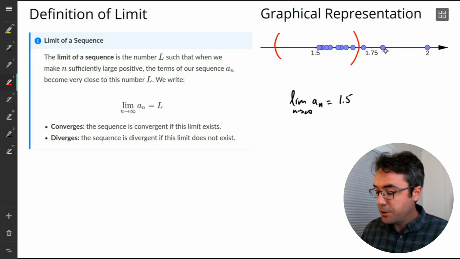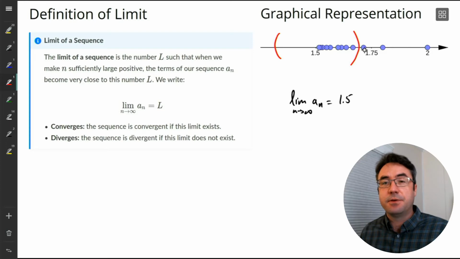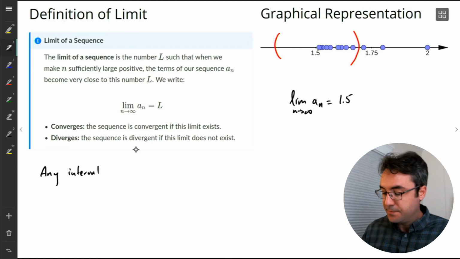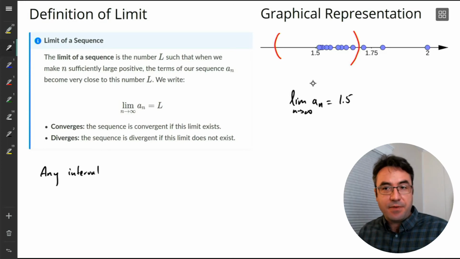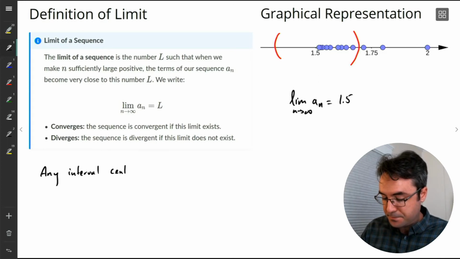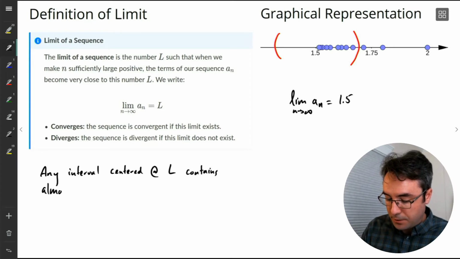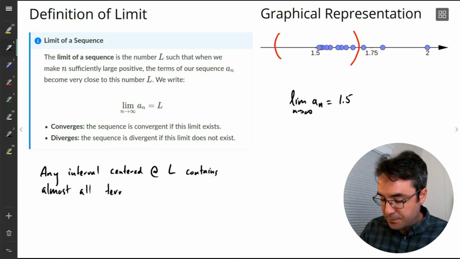So there might be a few terms of our sequence that fall outside the interval, but any interval centered at this limit value contains almost all terms of the sequence.